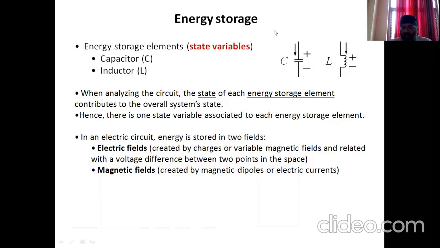So this capacitor gets charged when a voltage is connected across it. Charge starts to be developed inside the capacitor, and once it is fully charged, we say that the state has changed from uncharged to charged.